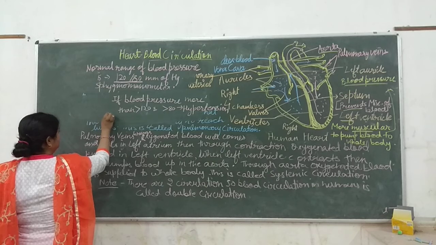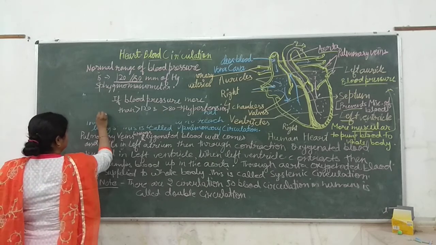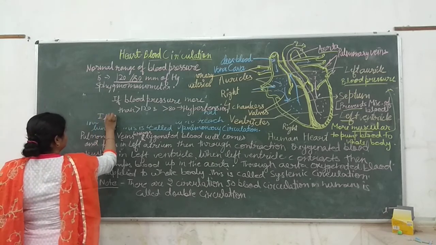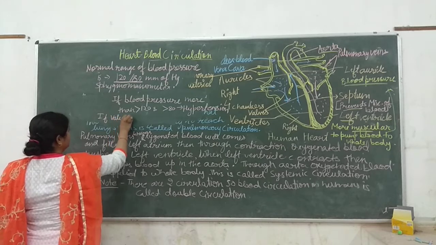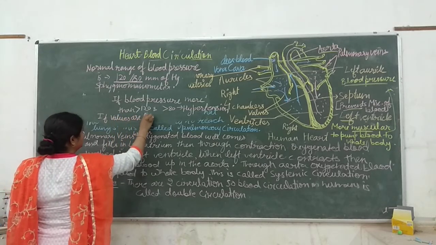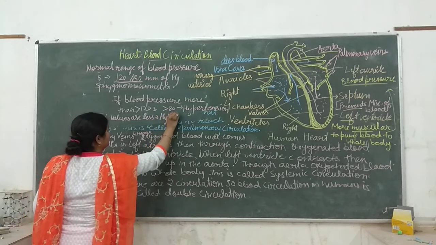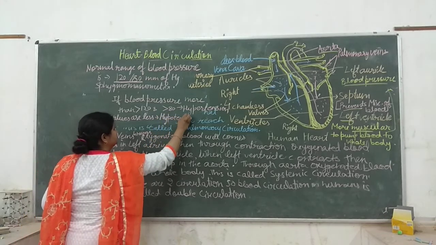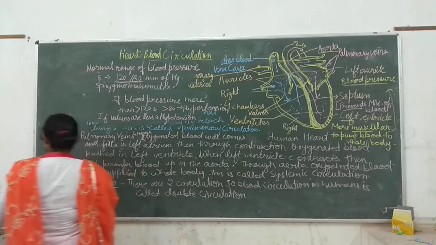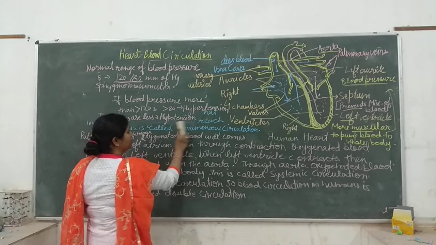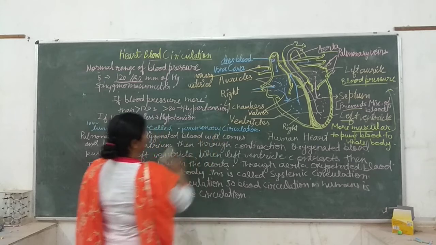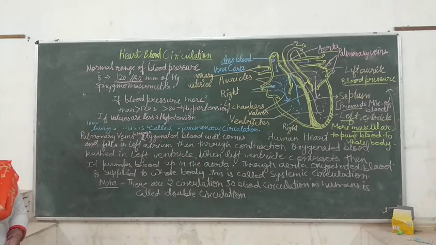And if the values are less than that, we say that it is hypotension, meaning low BP. People suffer from these problems, high BP and low BP.